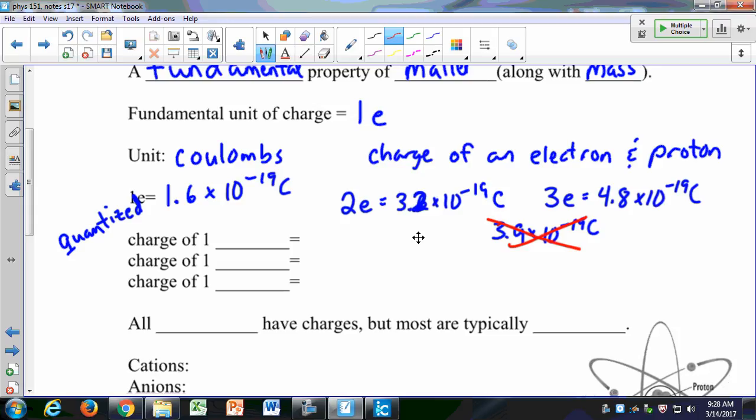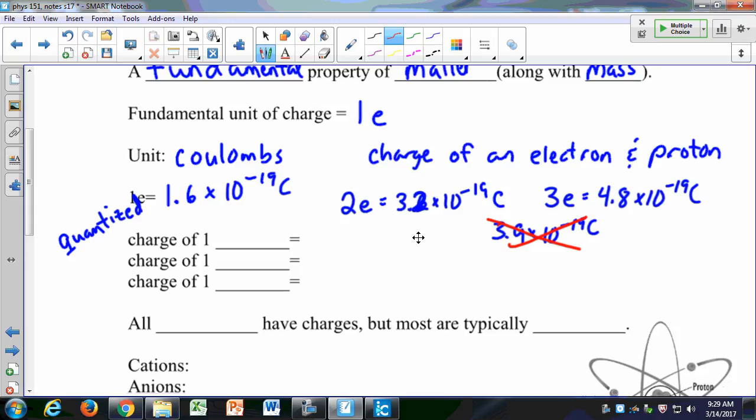And as far as we're concerned, the electrons and the protons cannot be split up. That is a fundamental unit of matter, and you cannot split it up. So I can have 2e and I can have 3e, but I can't have 2.5e or 2.8e. I can't have anything in between. I have charge that is in these very discrete quantities.